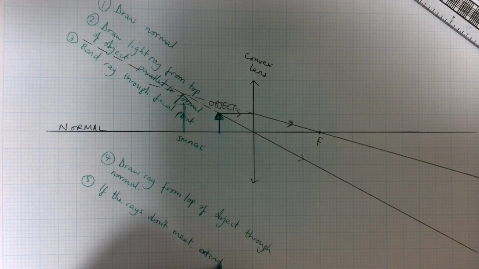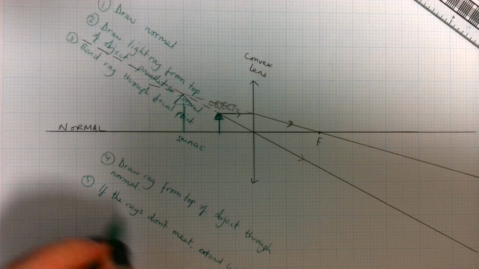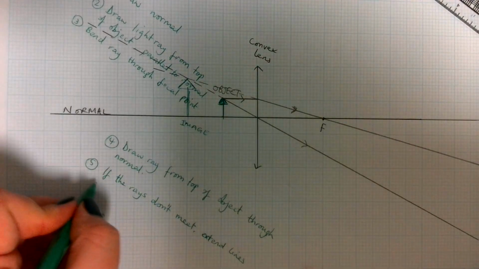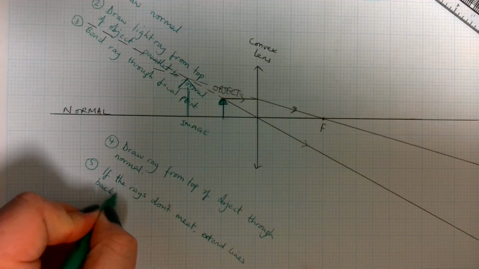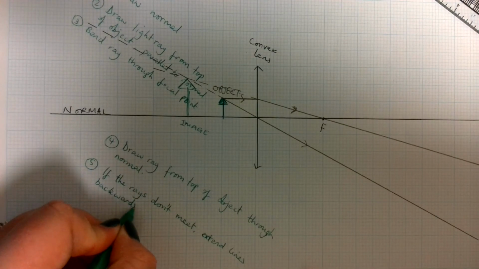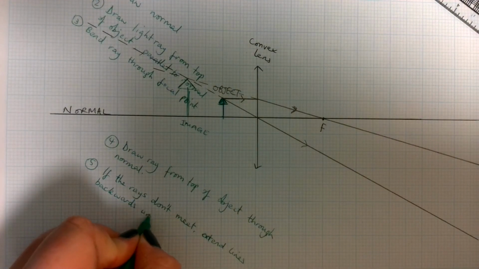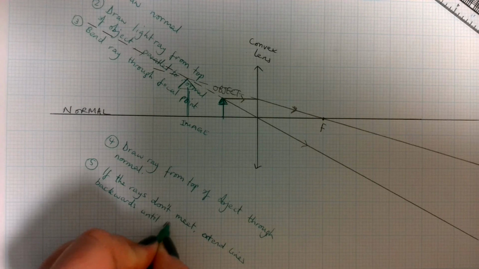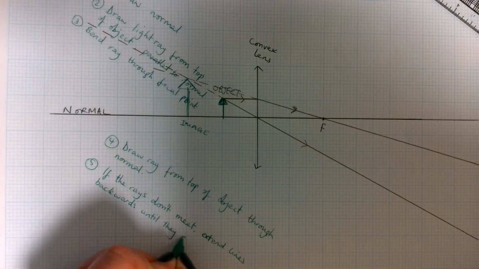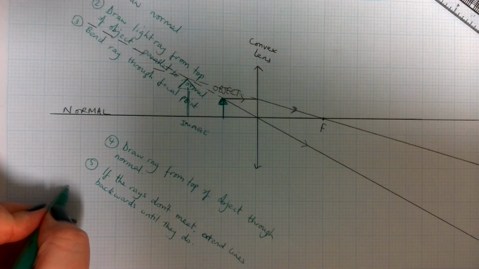Extend lines backwards until they do. This is number 5. And then you can draw your new image.